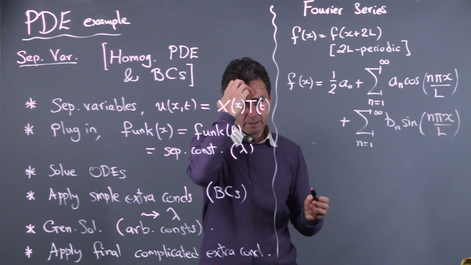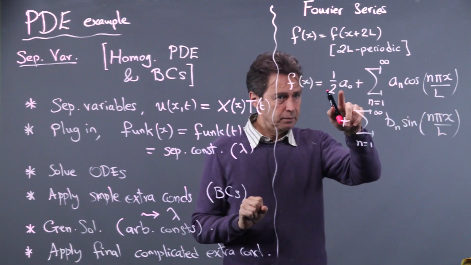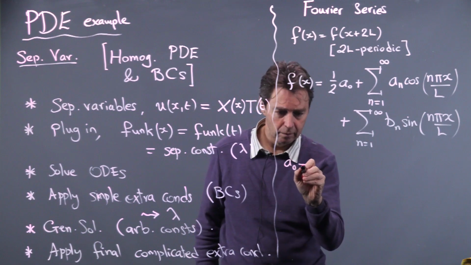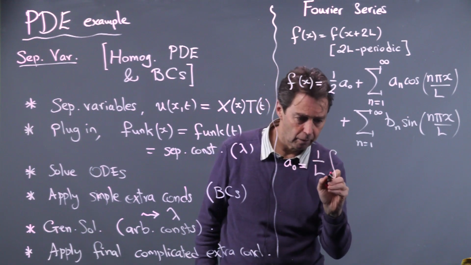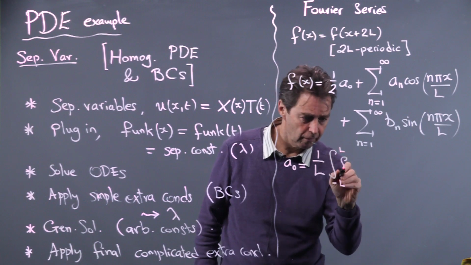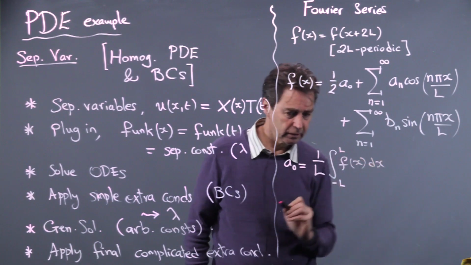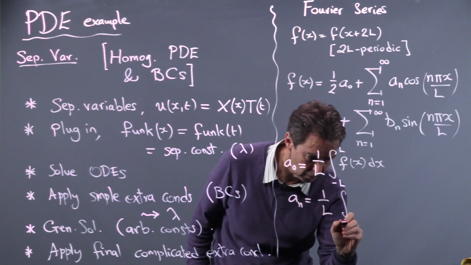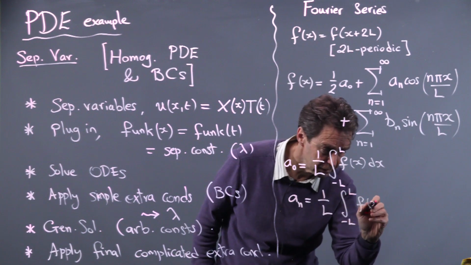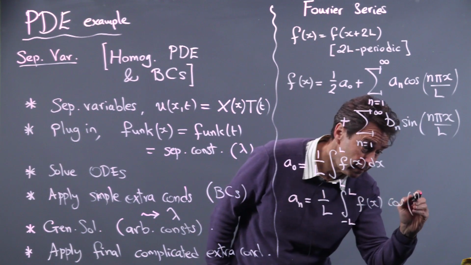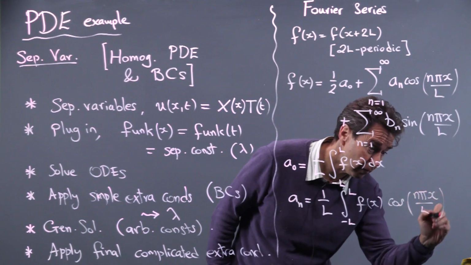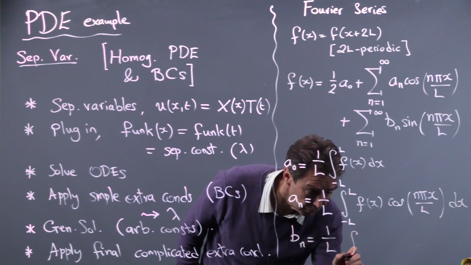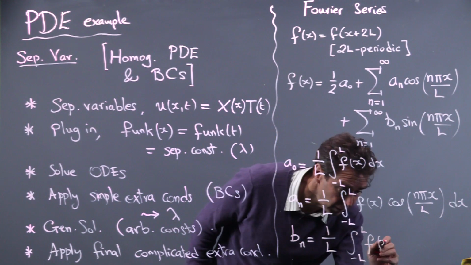And when we build this Fourier series, we need to be able to calculate the coefficients, and they follow from various integrals. So that's a0, a_n, which looks the same except there's a cosine in there, and the b_n is the same sort of integral except that I have a sine in there.